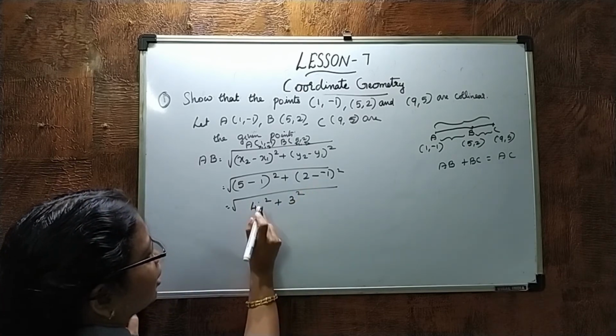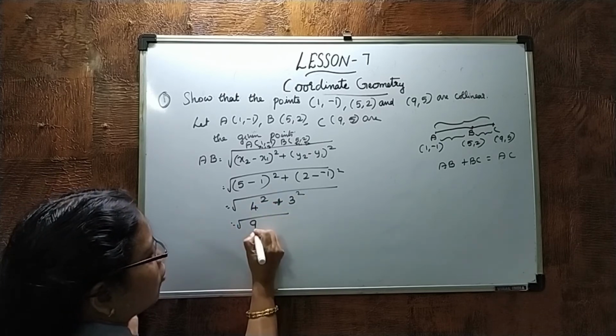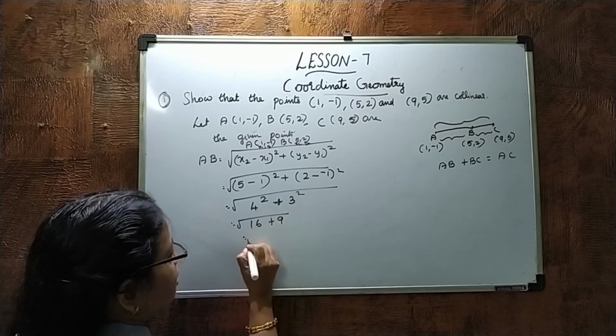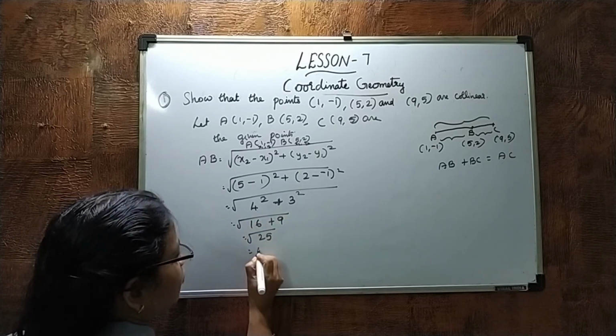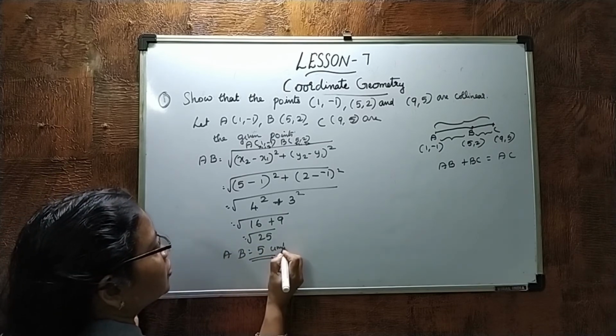No need to put brackets. That is root of 16 plus 9, which is root 25 equals 5. So AB equals 5 units.